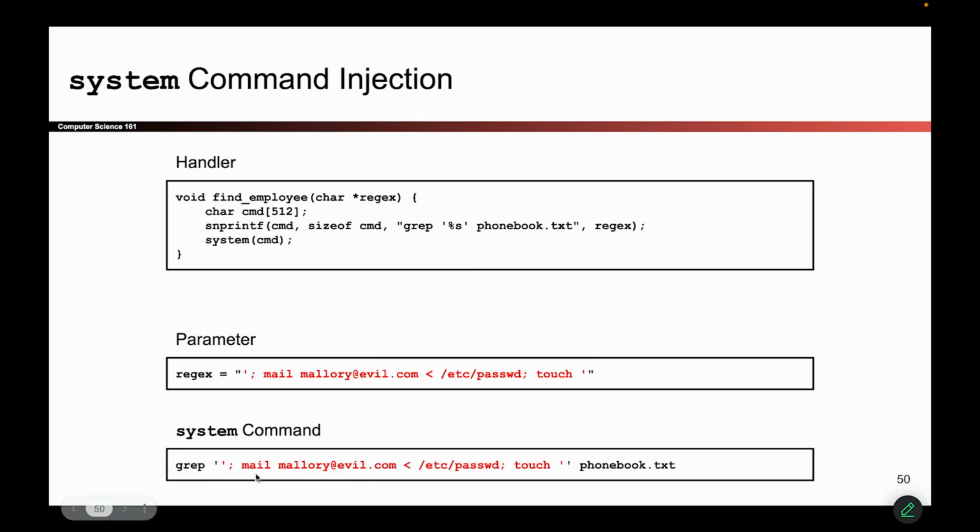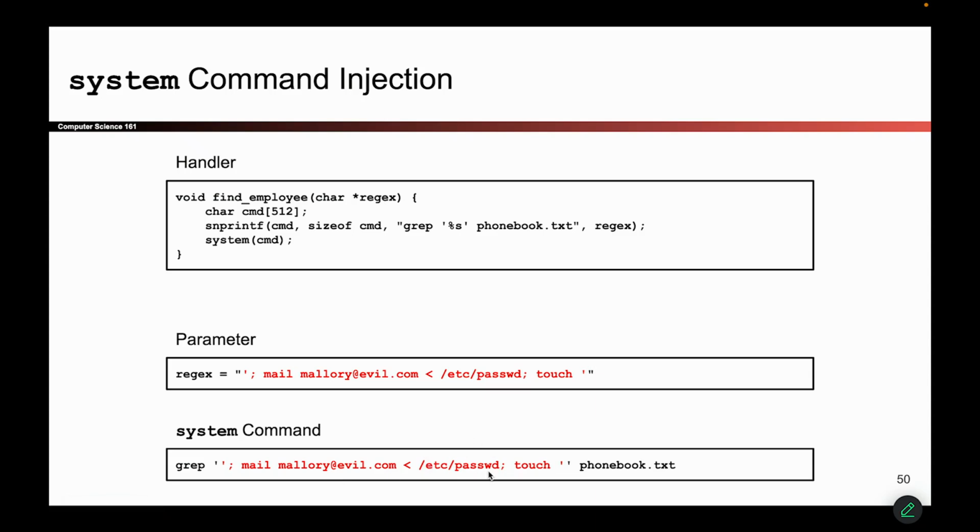But just like all the other examples, if you instead input something malicious with all of these terminal commands, like the semicolon and the mail command and some reference to the passwords file, and we plug this into the command again and try to run system on this string, we'll open a terminal, we'll search for nothing, and then the semicolon says we're done with that command. We'll start a new command that says, please email to Mallory the passwords file.